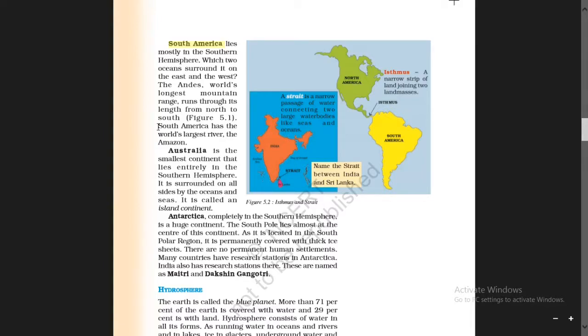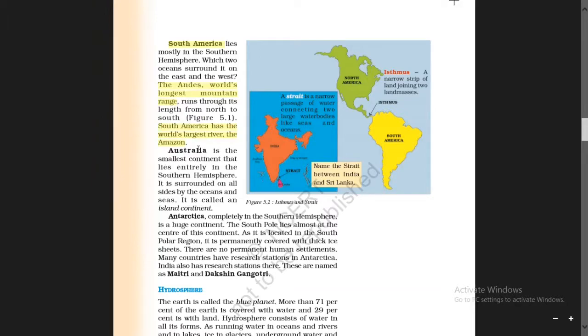The Andes, it is the world's longest mountain range. Figure 5.1. South America has the world's largest river, the Amazon. Mark this one also and learn it by heart.